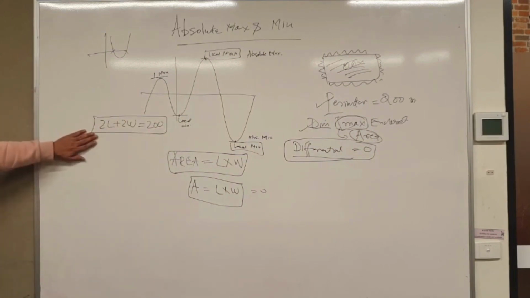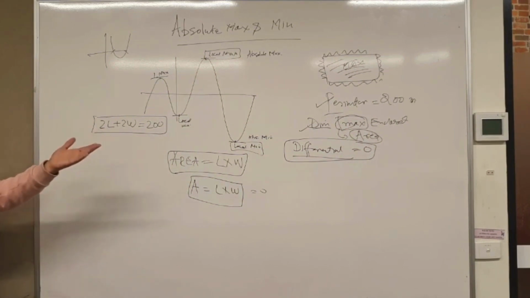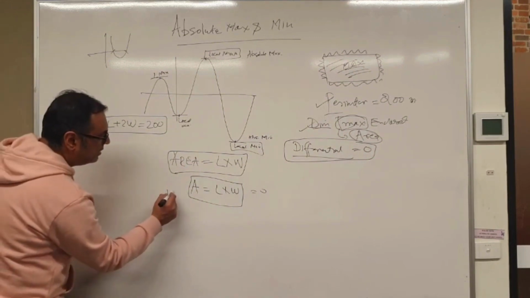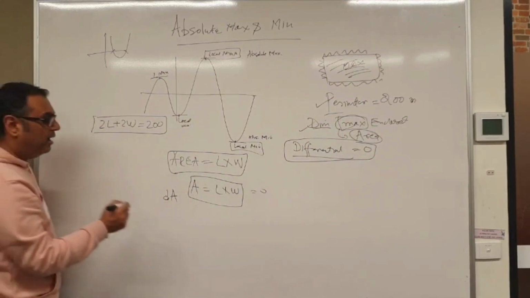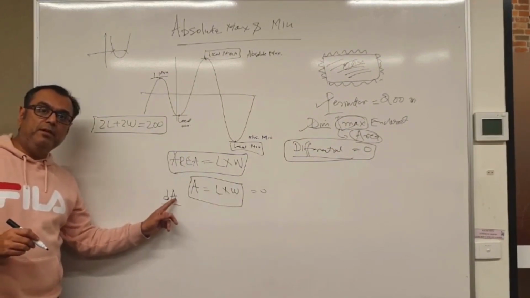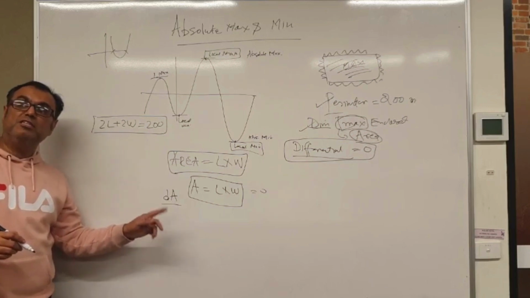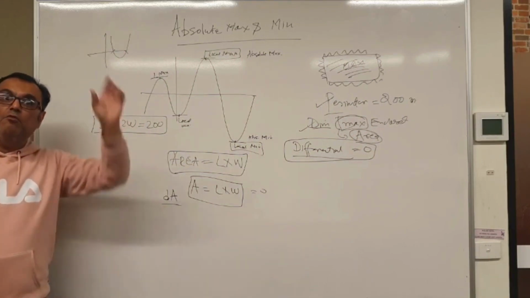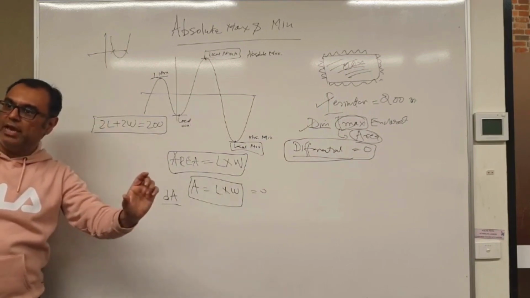So that's another known thing to me, so we can solve for the length using that. Correct. Now the problem here is that you have to find the derivative of area, and the derivative of any variable is found with respect to another variable. We said dy by dx, y with respect to x.